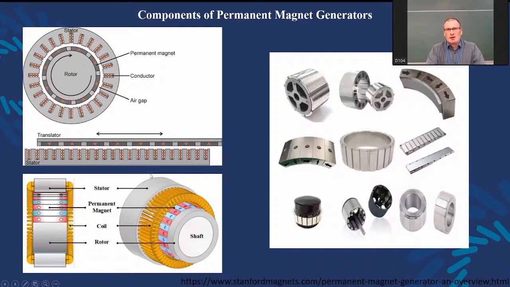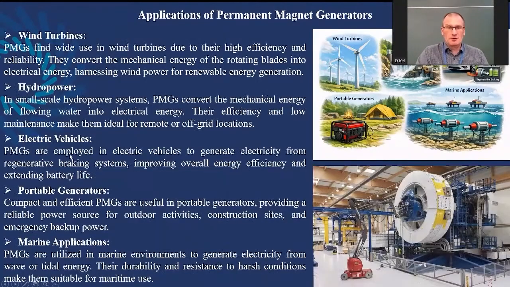There are also linear permanent magnet generators, where the stator, the stationary part, is connected to, let's say, a basement, and the translator or alternator moves in one direction and another, producing the same electricity, but not exactly rotating.